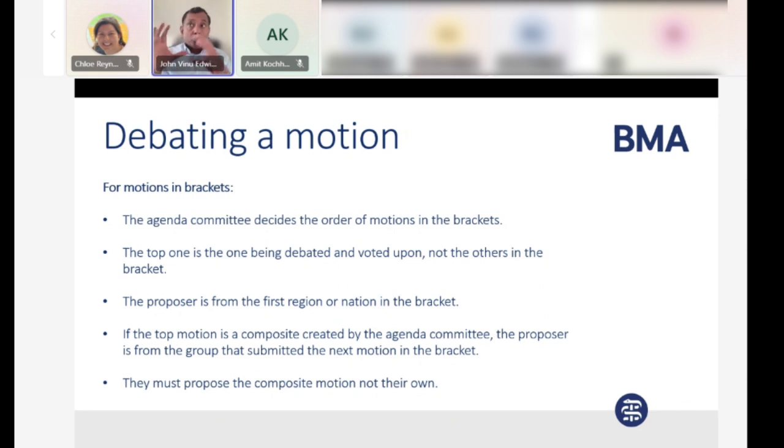So the composite motion is being redeveloped, and that's the first motion. You don't propose the motion which you have submitted. You talk on the motion, which might be amended or modified for reasonable reasons, so please do read and talk for that particular composite motion.